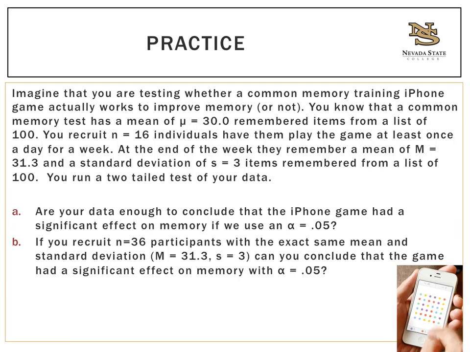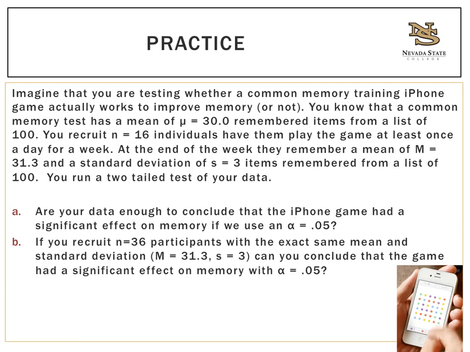So you're going to run a two-tailed test of your data, and you're going to do it twice. Once, I want you to simply do a regular hypothesis test. Are your data enough to conclude that the iPhone game had a significant effect on memory if we use an alpha of 0.05?